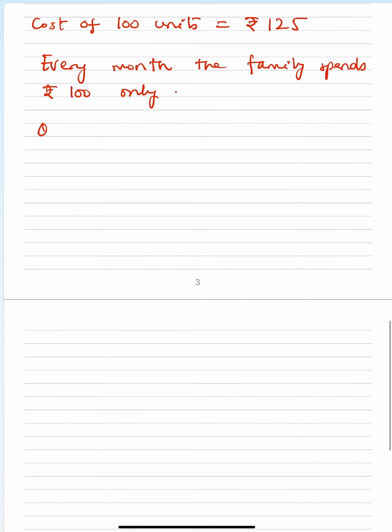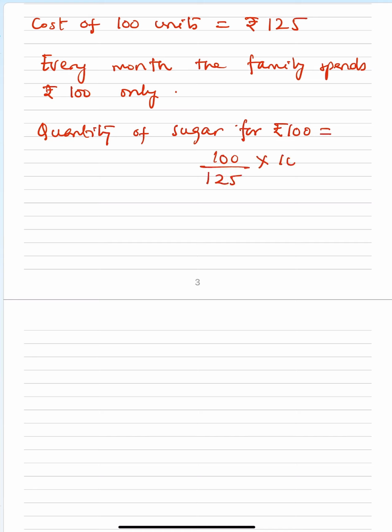It is equal to 100 upon 125 into 100, so we get 80 units. See, now we get the exact quantity: for 100 rupees we get 80 units.